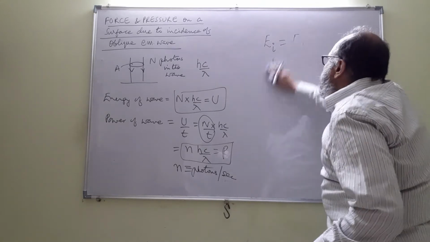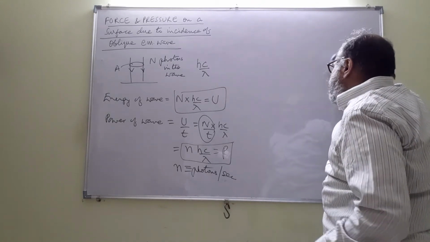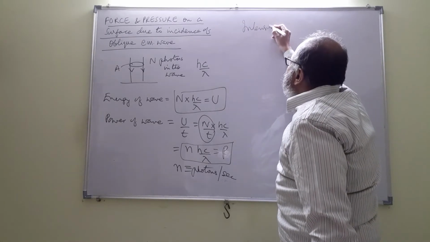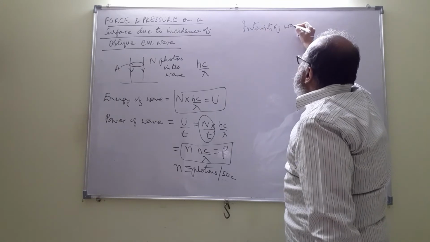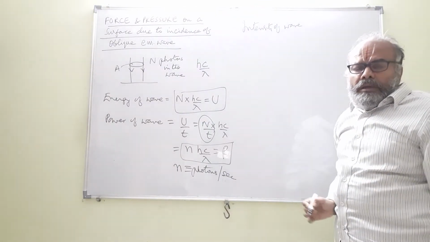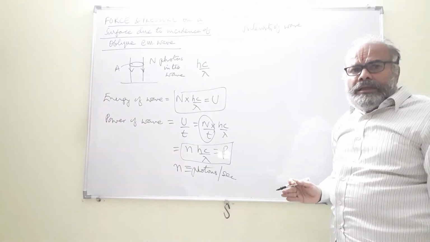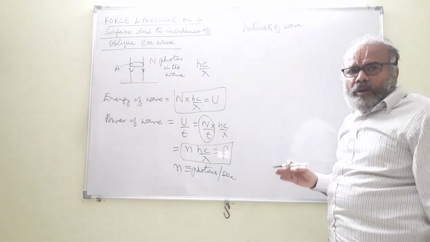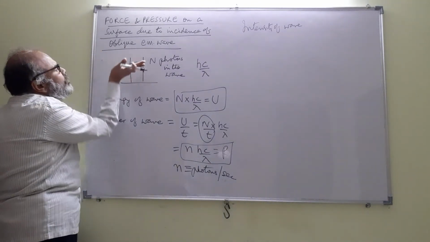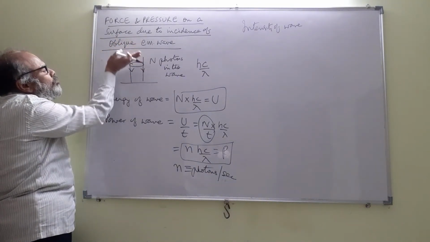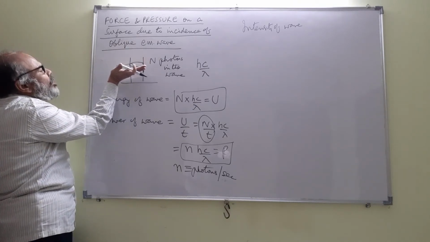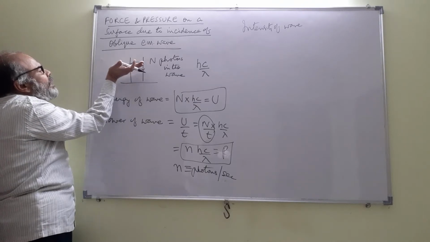We can talk about the intensity of the wave. The intensity of the wave is the amount of energy crossing a unit area held normal to the direction of propagation in unit time. This is the area A, which is normal to the direction of propagation. That's very important. You can't have the area tilted; it has to be perpendicular to the direction of propagation.